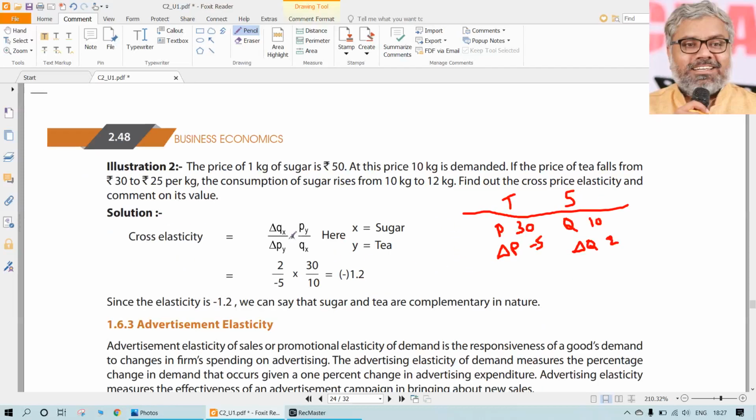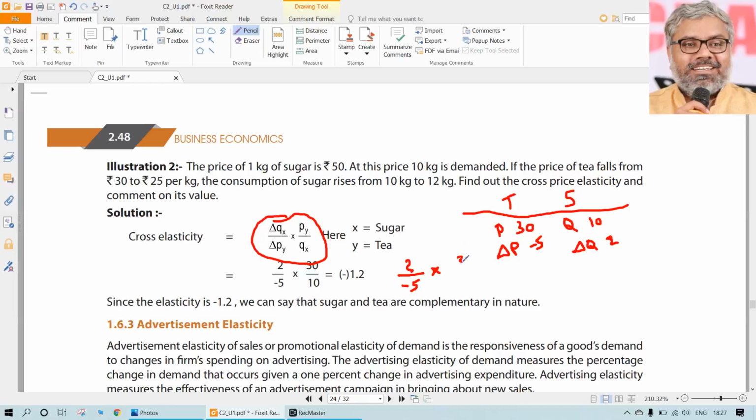So we have all the data here related to computation of cross elasticity. Once again, how to compute the cross elasticity? Using this formula, substituting delta Q by delta P into P by Q. Delta Q how much? 2, divided by delta P, how much? Delta P is minus 5, multiplied with P by Q. P how much?